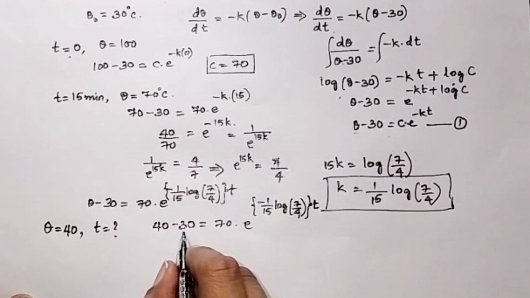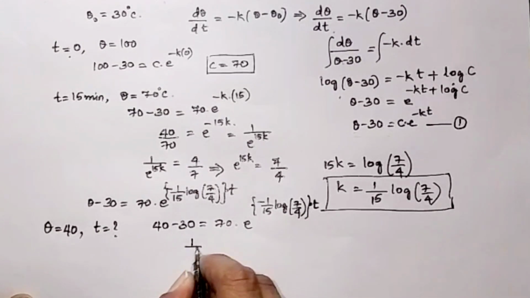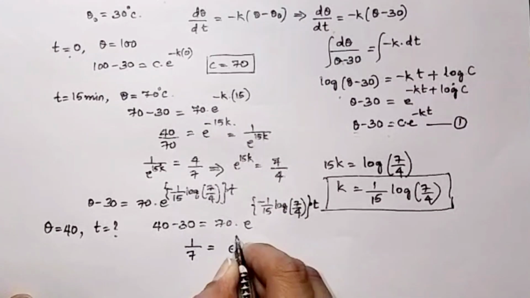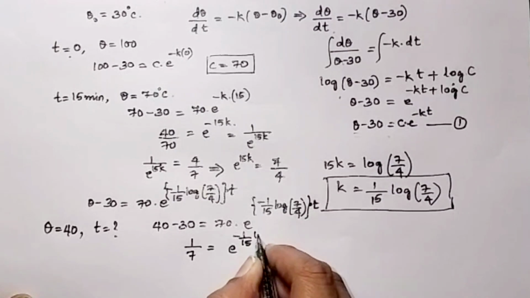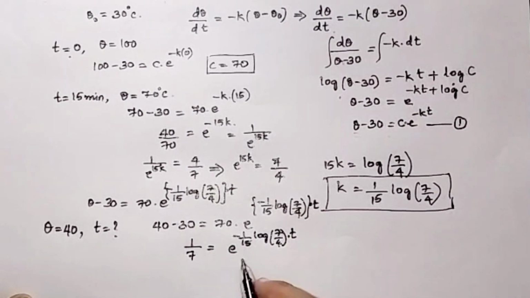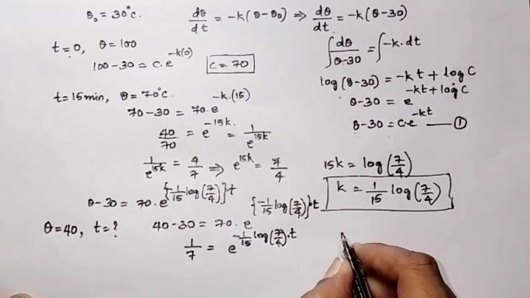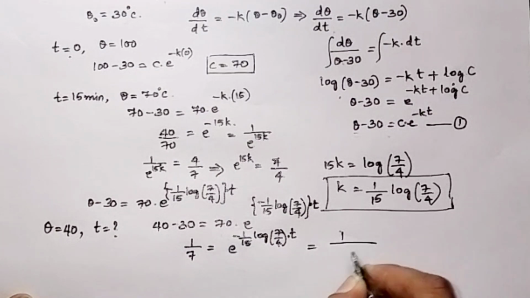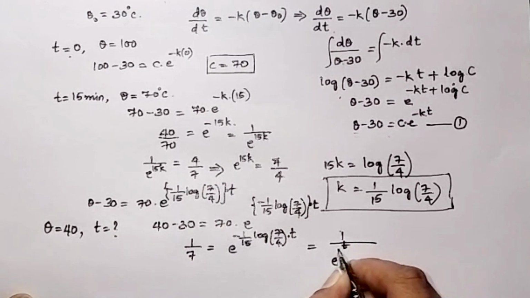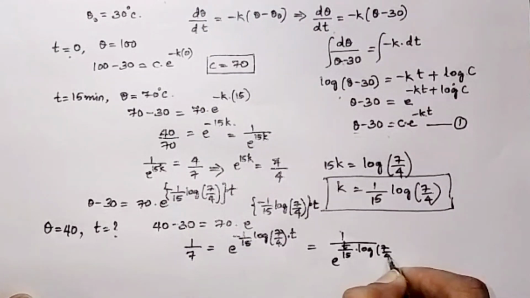40 minus 30 gives you 10. So therefore 10 by 70 is 1 by 7. I will write directly e to the power minus 1 by 15 log of 7 by 4 into t. Now you can write it as 1 by this value so that it becomes positive. So you will get 1 by 7 equal to 1 by e to the power t by 15 into log of 7 by 4.